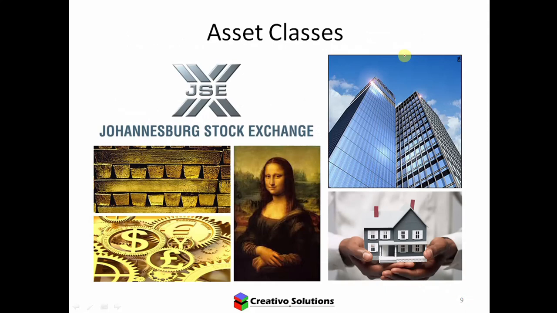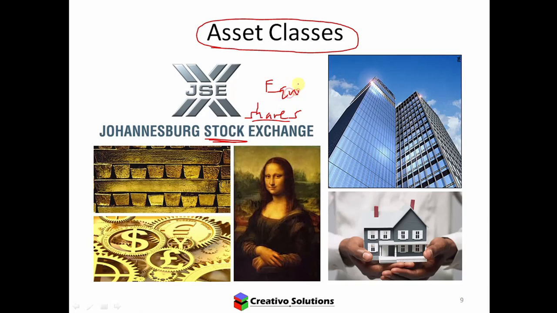So when we're looking at investment management and the investment setting, there are different asset classes that you could consider. Obviously, stocks or shares, the Johannesburg Stock Exchange, that would be equity. There are many, many different forms of investment out there.